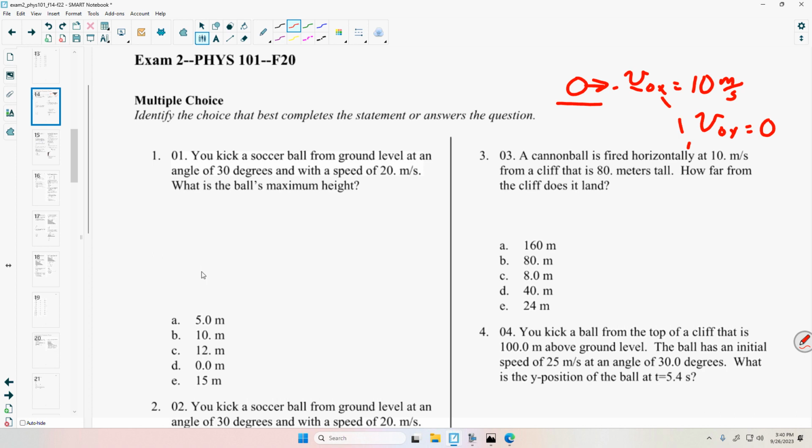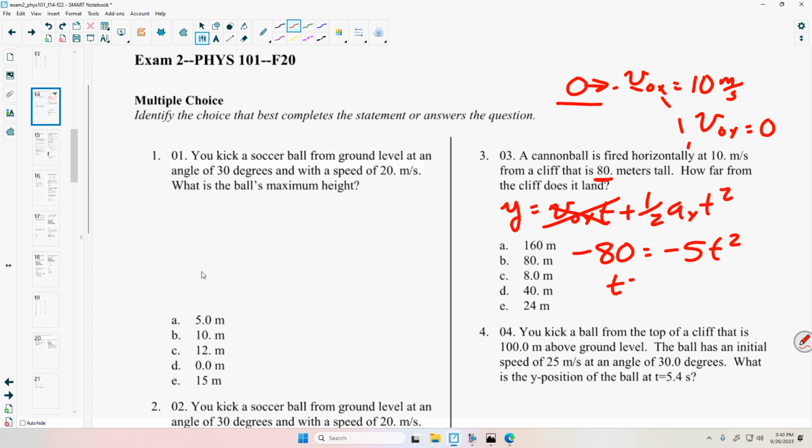To find the time, I take the fact that I know the vertical height, and I say y is equal to V naught y times t plus 1/2 ay t squared. But since V naught y is 0, that whole term goes away. So I can find the time that it takes to go through that. And remember, this is like finding the time to drop vertically. That's the same amount of time. So I have minus 80 equals negative 5 t squared. T is equal to 4 seconds.